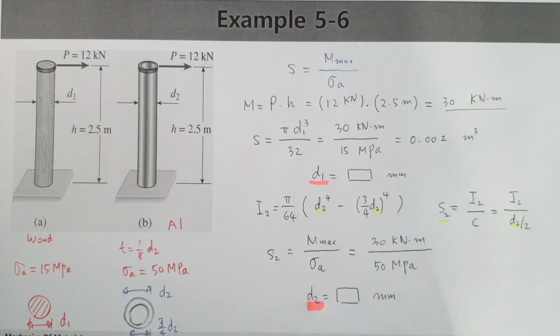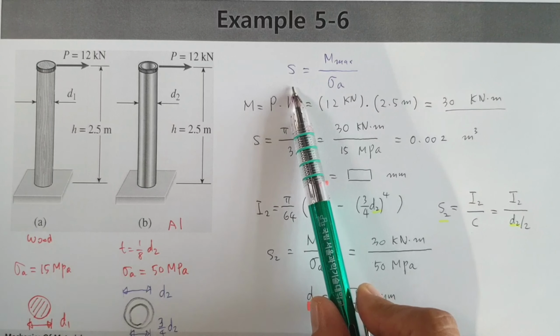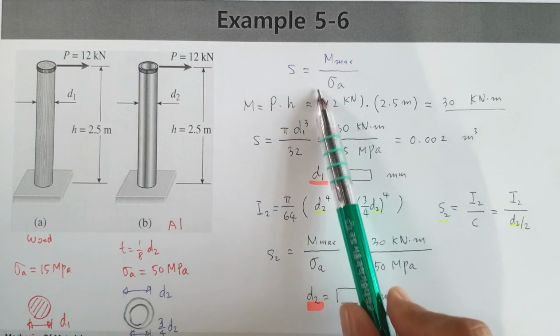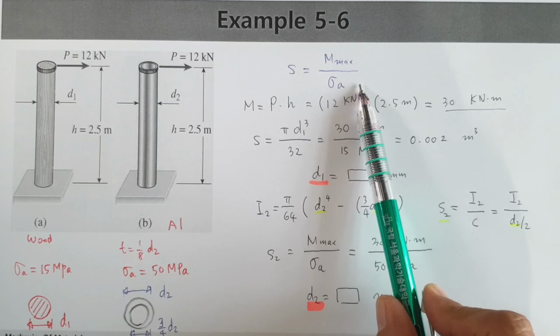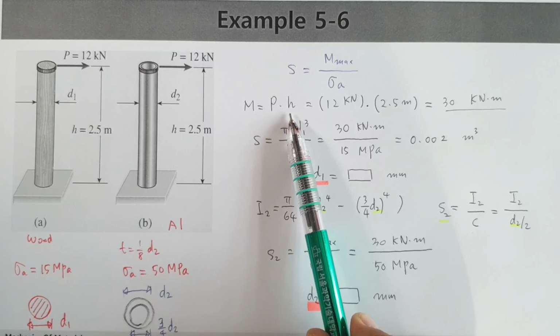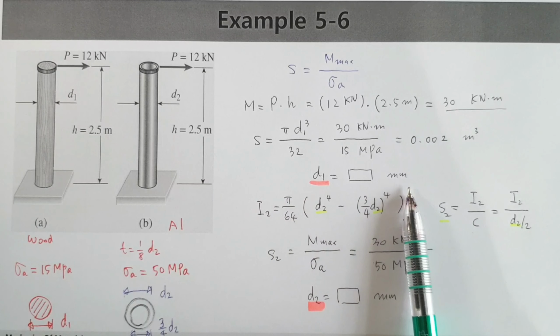In this example, we've calculated the required diameter for each case. On the left side, for the wood case, D1 is calculated like this. Of course, we applied S equals maximum bending moment divided by allowable bending stress. Then we found the maximum bending moment, calculated the section modulus, and finally calculated the D1 value.